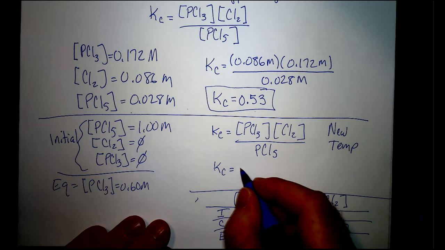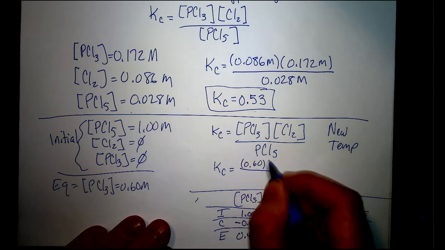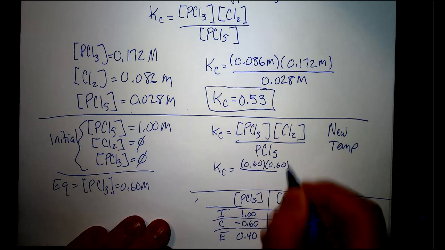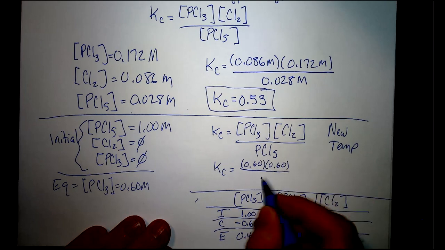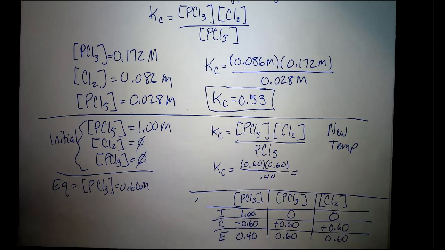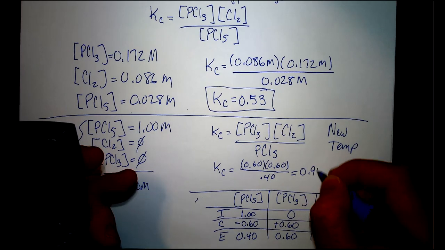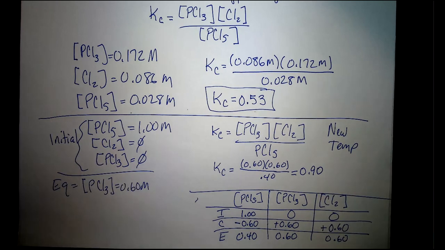And so then we plug that in, we get 0.60 times 0.60, or 0.60 squared divided by 0.40. And then you're just going to run that through your calculator. 0.6 squared divided by 0.4. And we're going to say 0.90 would be the new equilibrium constant.